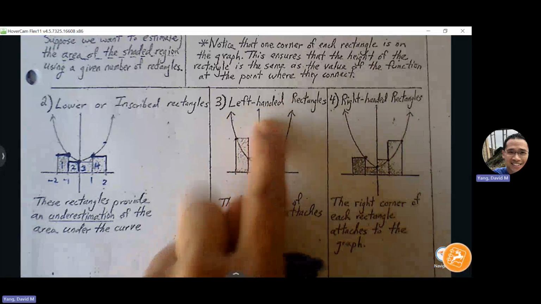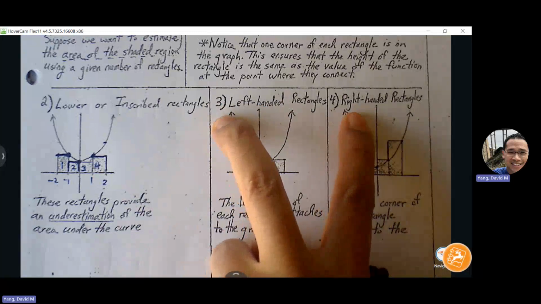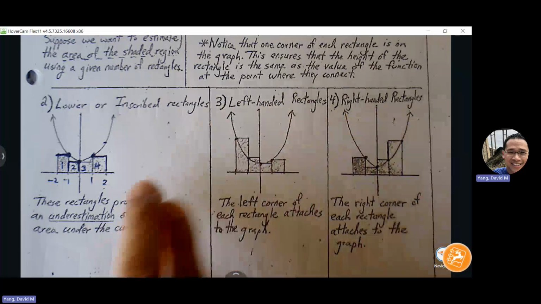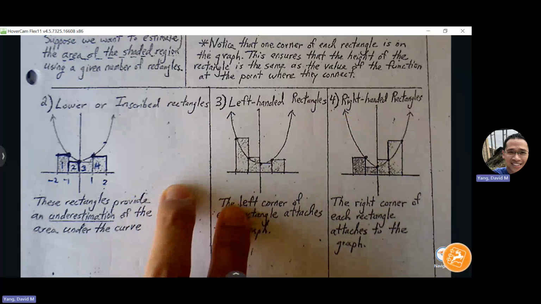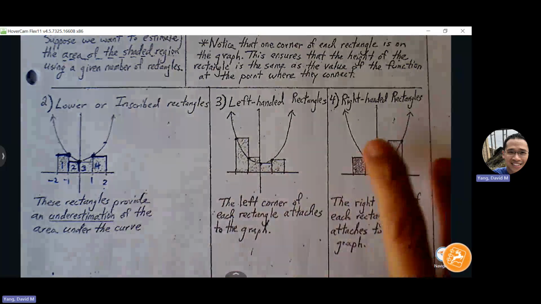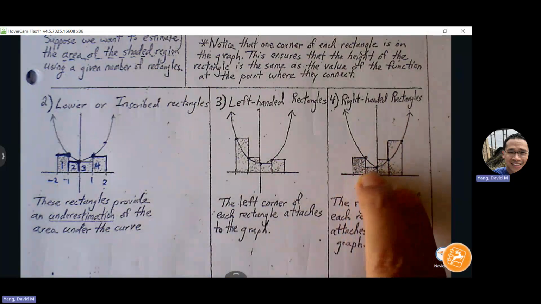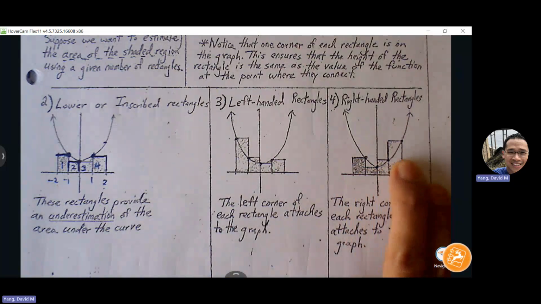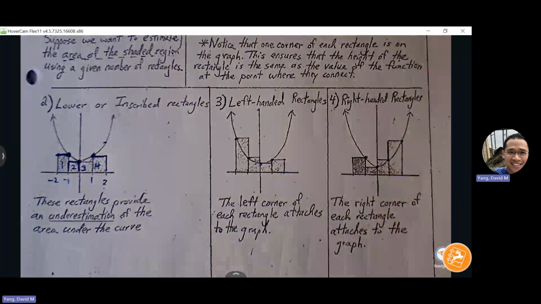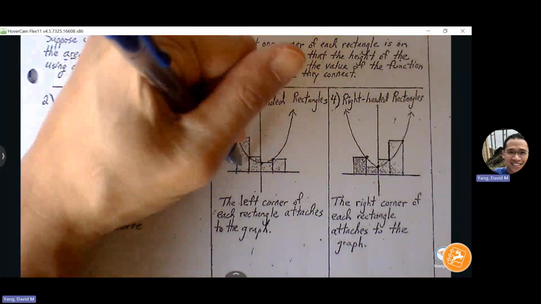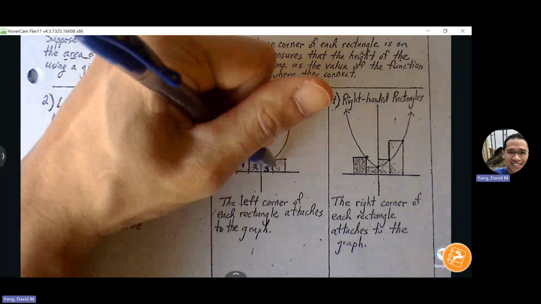This is where we don't care whether it's an over approximation or under approximation. We just want to choose consistently the left endpoint to represent the height of each rectangle. Right-handed rectangles will be where we purposely choose the right endpoint of each rectangle to represent the height of each rectangle. So again, region 1, 2, 3, and 4.